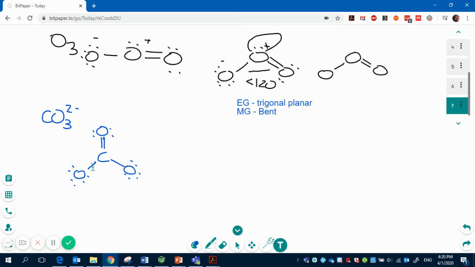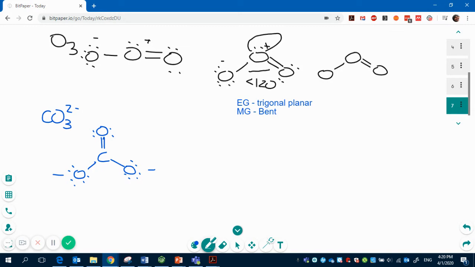Now, here the temptation, this is the Lewis diagram, and sorry, each of these is negative. This works as the 3-dimensional drawing. The temptation is to say, oh, look, I've got a double bond and 2 single bonds, so these are shrunk, and this angle is going to be decreased. But you have to remember that the geometry is really much more related to the resonance hybrid.